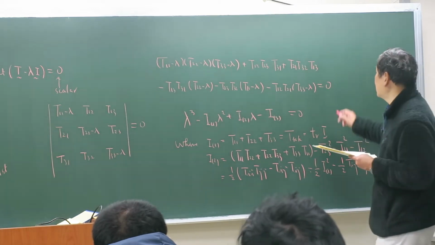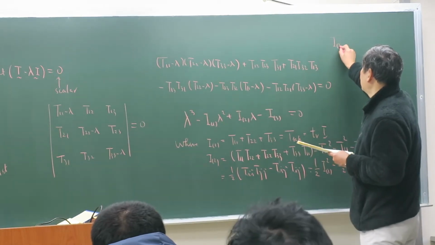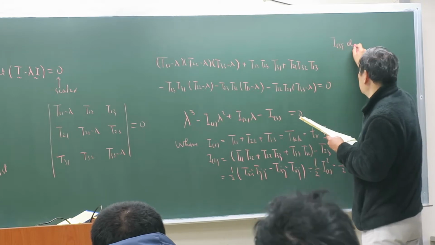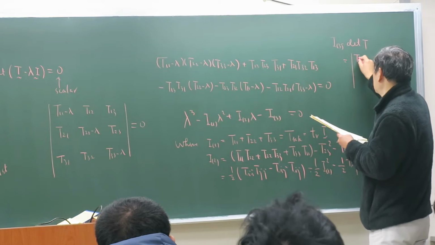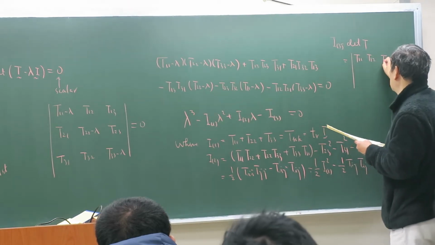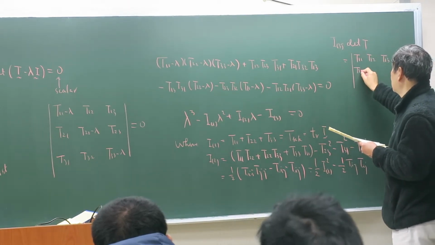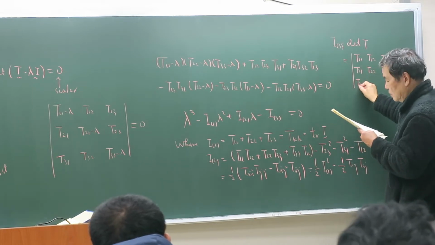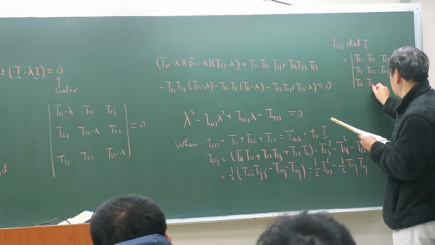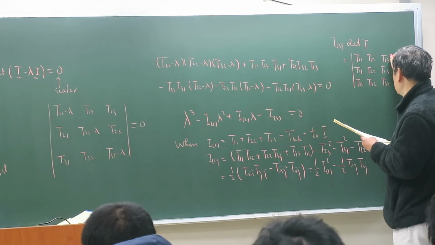And I3 is equal to the determinant of T. That is T11, T12, T13, T21, T22, T23, T31, T32, T33, okay?